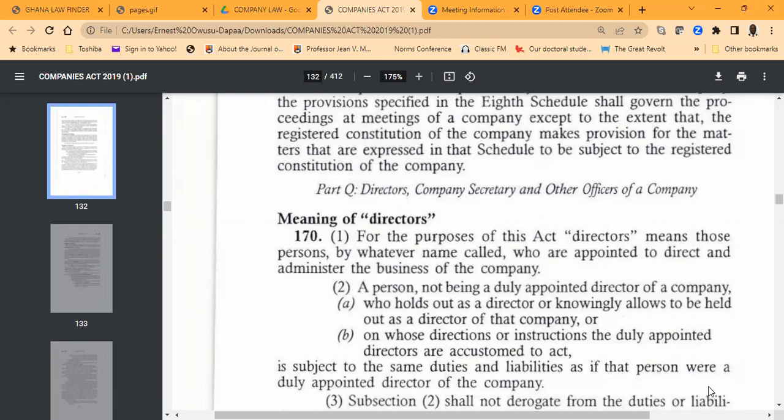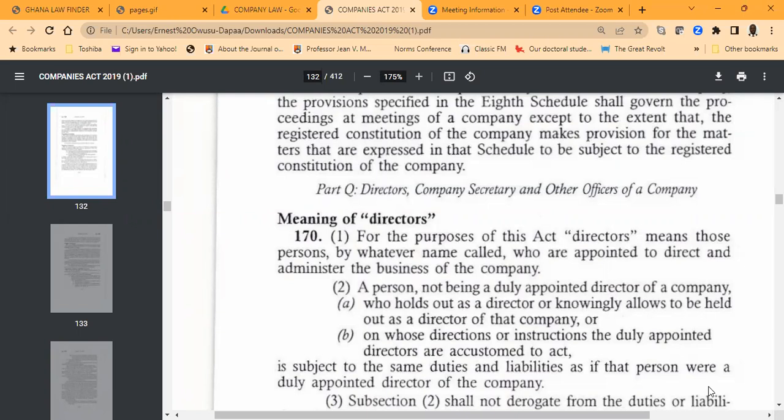Functional definition, or if you like, utilitarian definition, in the sense that the emphasis is not on the designation, is not on the nomenclature or the label or the taxonomy or the title which is given to a person, but the emphasis is on the substance of what the person has been appointed to do.